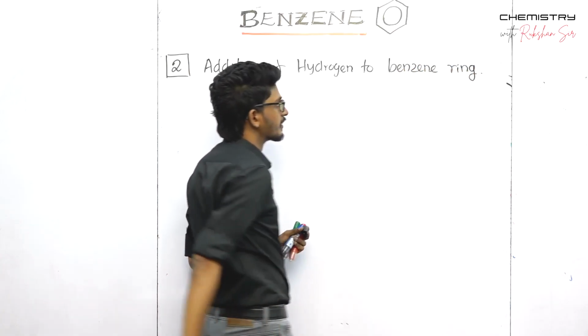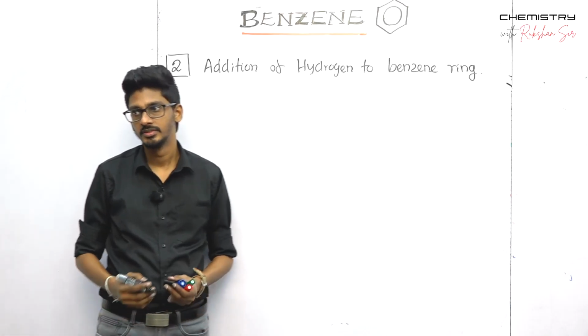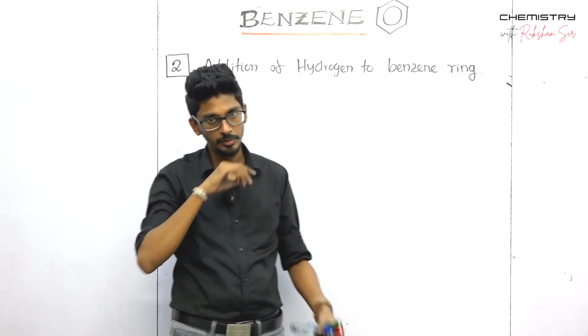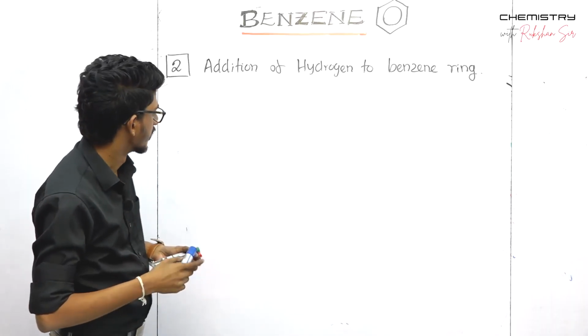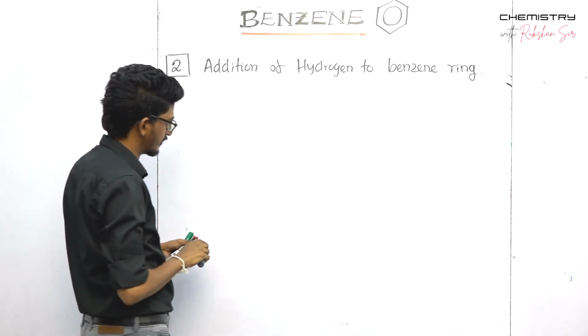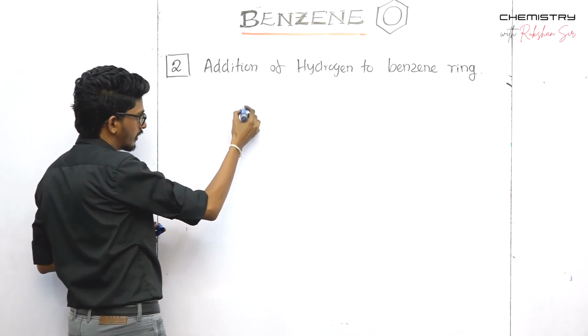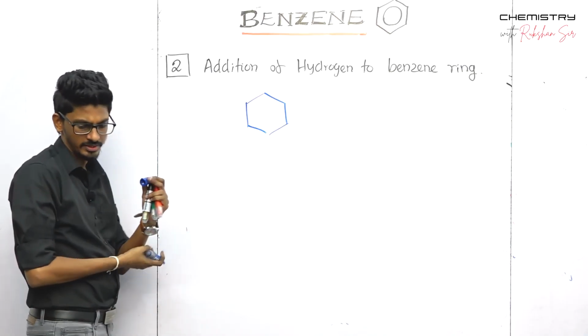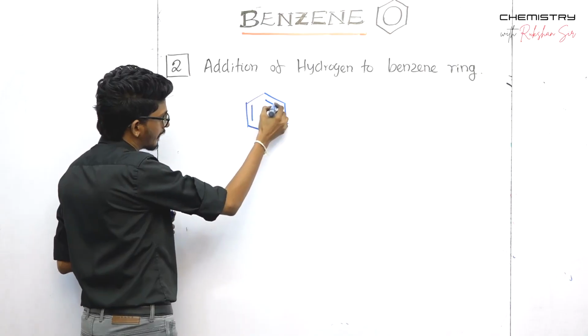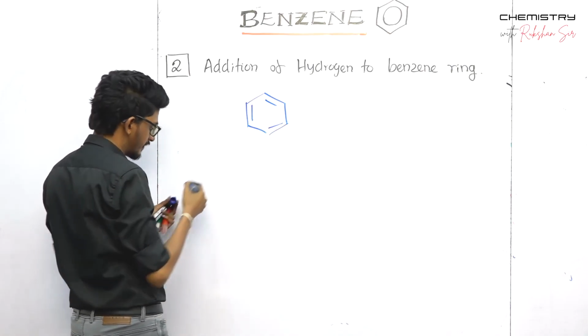Normally addition reactions are not preferred at the ring, but you can do this one with extreme conditions. So your benzene is like this, C6H6 benzene.